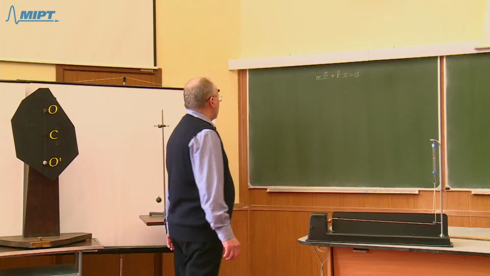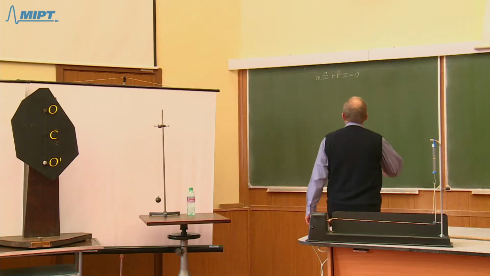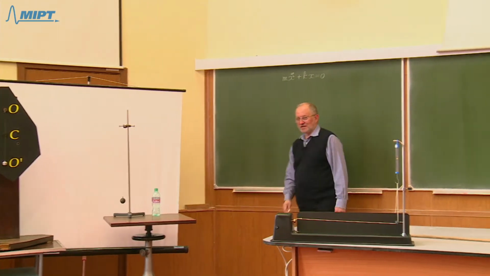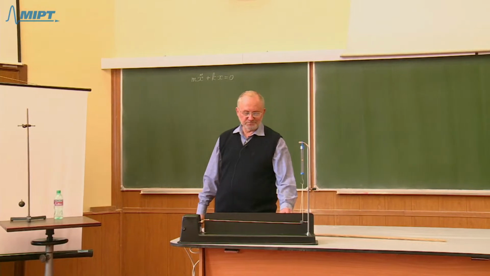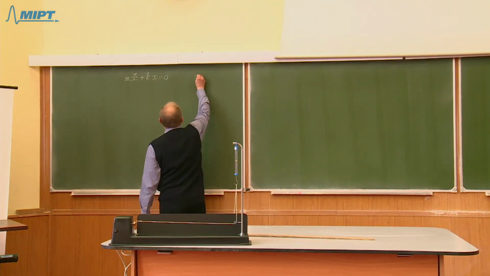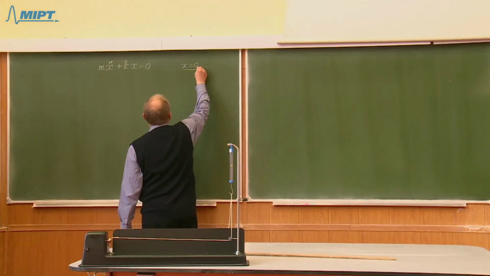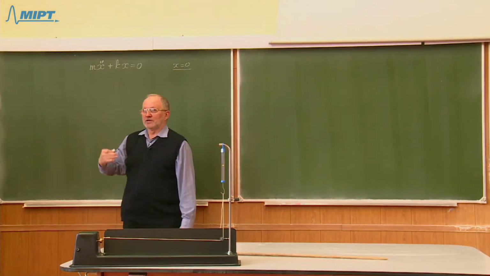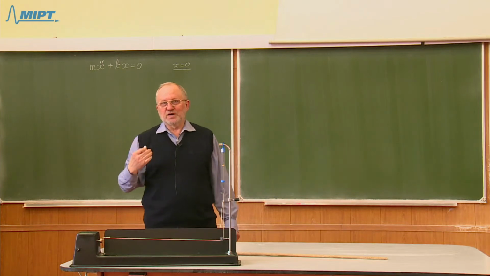Okay, good. So the coordinate x in this equation of oscillations was chosen in such a way that x equal to 0 corresponds to an equilibrium position of the vibrating body.